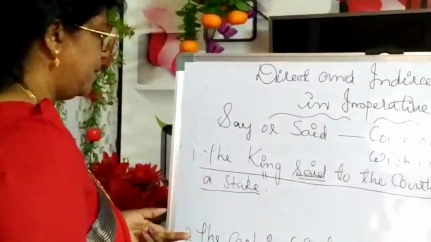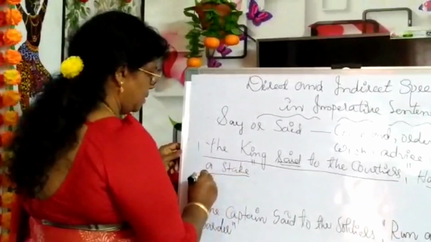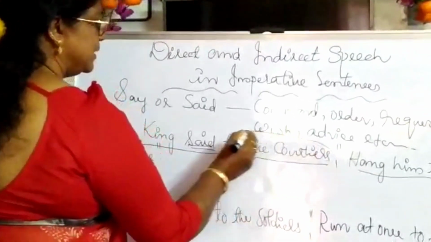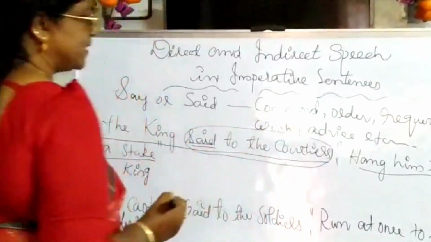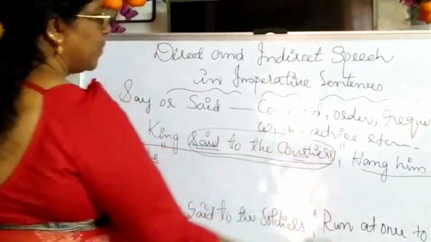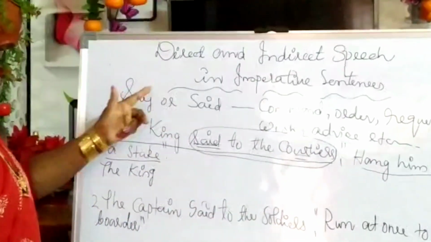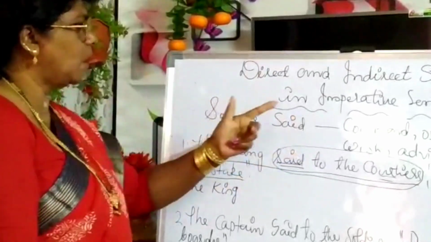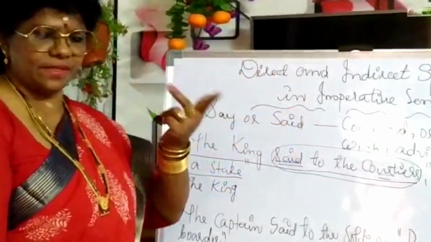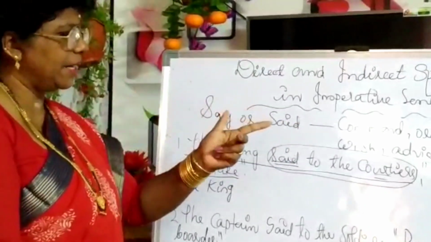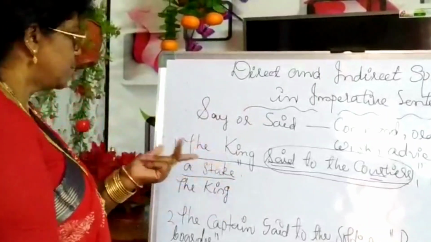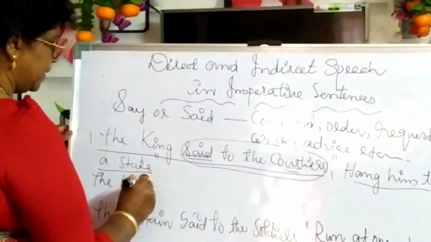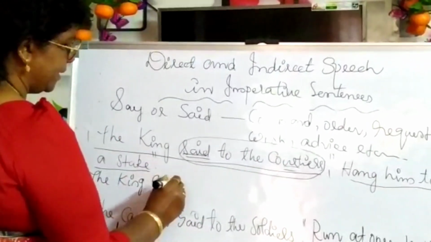Here "The king said to the courtiers" is the reporting speech, with said as the reporting verb, and the rest is direct speech. How will we know direct speech? It is written in inverted commas. After said, if any object is there, here the courtiers are the object, said will change into commanded, or order, ordered, or request, requested, or wish, wished, or advise, advised. So here: The king commanded the courtiers.